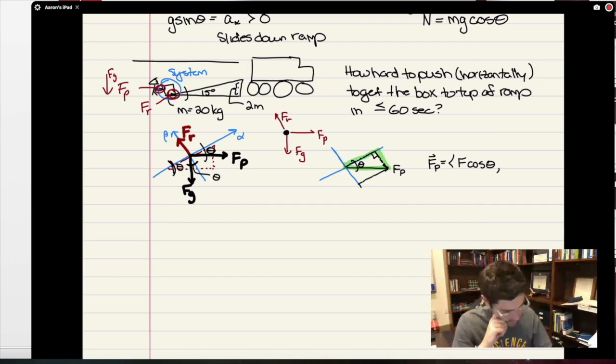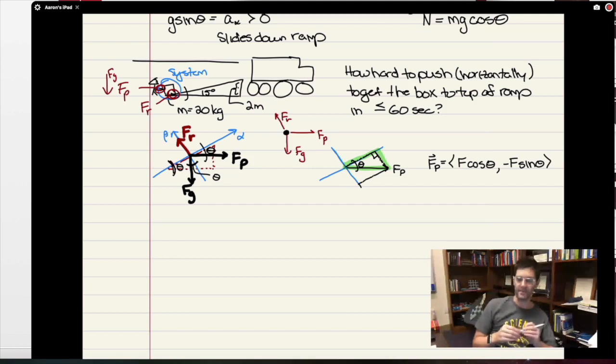And then as for the direction that I'm calling beta, I claim this is then minus F sine theta. The sine of theta hopefully is clear from SOHCAHTOA. The negative sign, because it is pointing in the negative beta direction, it's pointing more into the ramp. It's not pointing off the ramp.